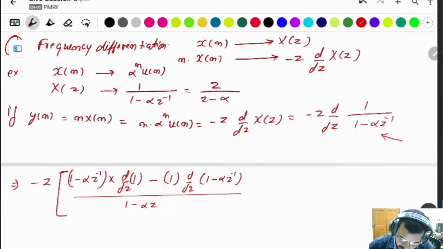This is the formula for differentiation of a quotient.